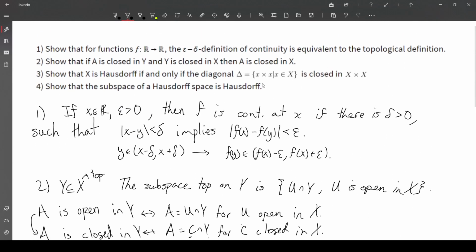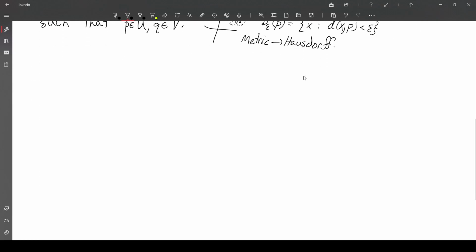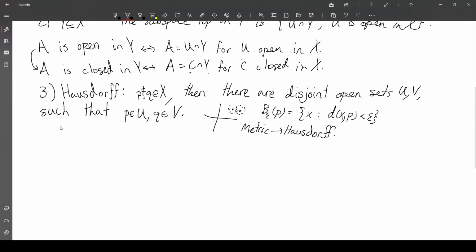Okay. Now the diagonal. Let's again use the example of R2.